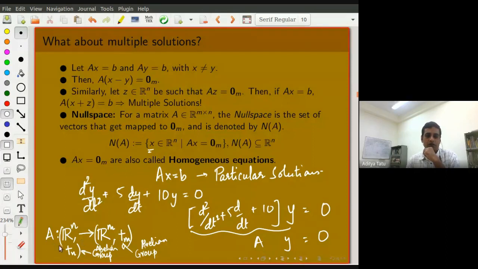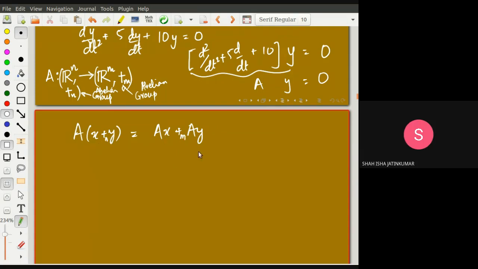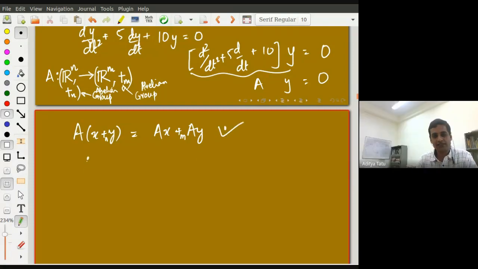And what is this function A mapping this group to this group? What kind of a function is it? A(x plus y) is equal to Ax plus Ay. Is that right? This is addition in Rn, and this is addition in Rm. Is that right? So what is this map?